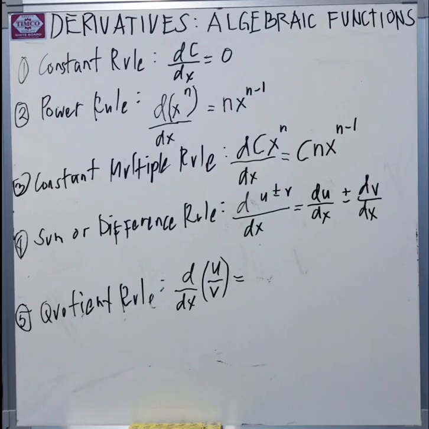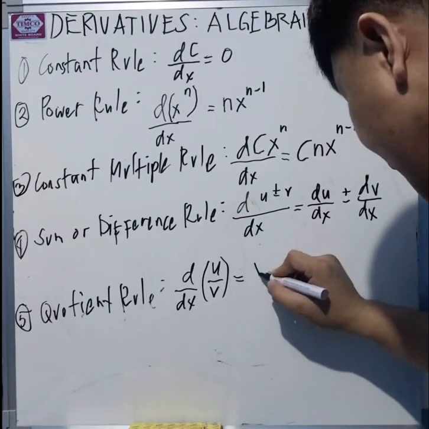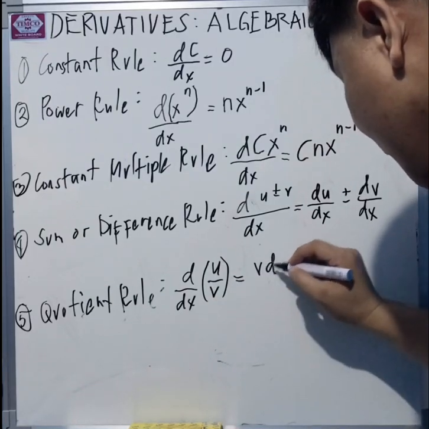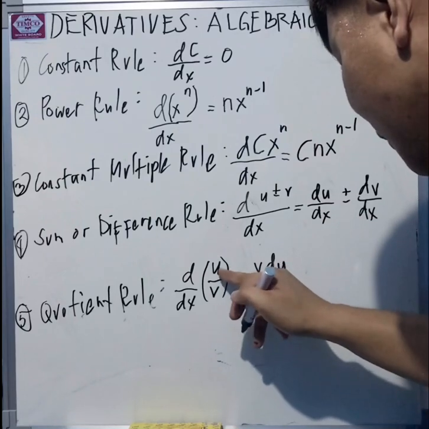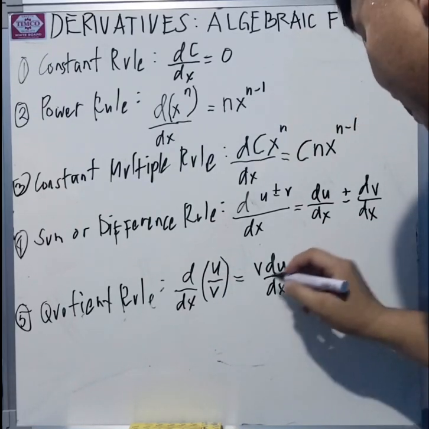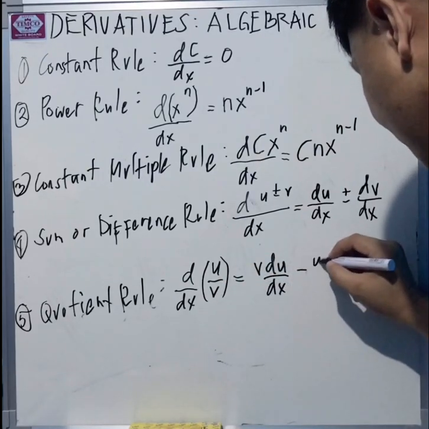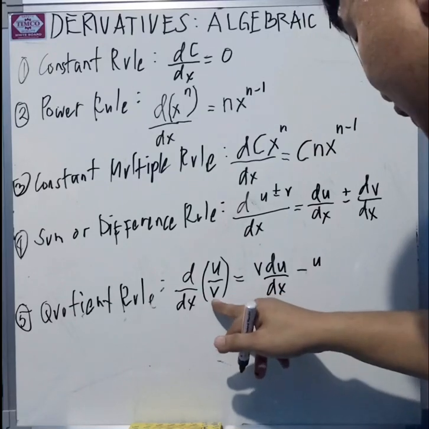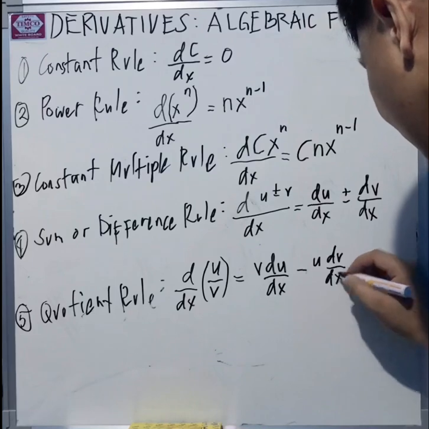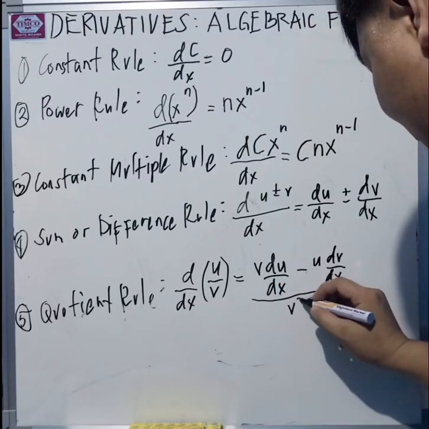We have v, the denominator, times the derivative of the numerator, du dx, minus the numerator u times the derivative of the denominator, dv dx, all over the square of the denominator.